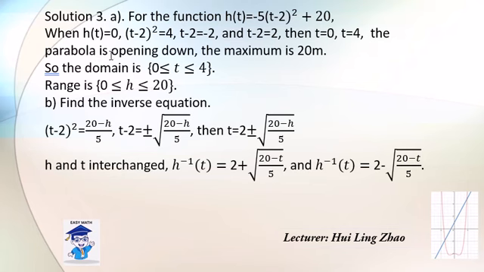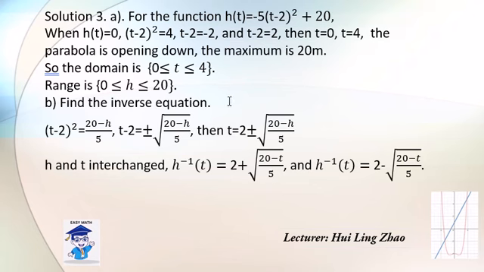The parabola is opening down, so the maximum is 20 meters. And the domain is t more than or equal to 0 and less than or equal to 4. The range is h more than or equal to 0 and less than or equal to 20.